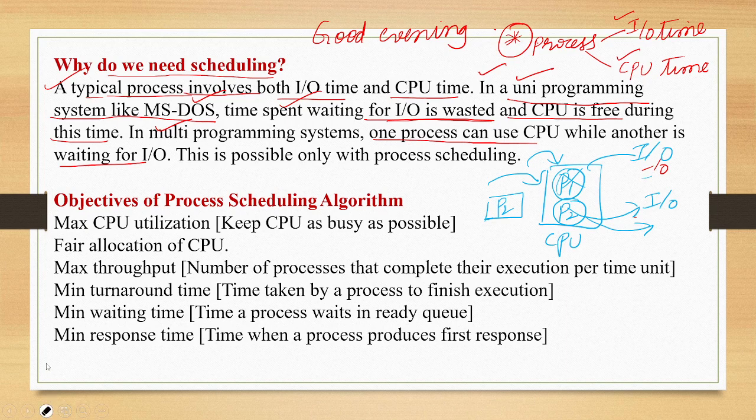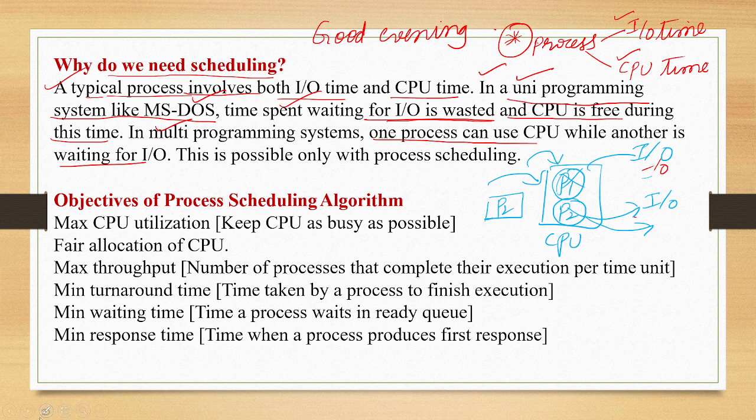I hope you understand the difference between uniprogramming and multiprogramming. In uniprogramming, the CPU is idle when any process goes for IO. But in multiprogramming, the CPU is not idle. In the meantime, we allocate the CPU to another waiting process. But what is the problem here? Here we need CPU scheduling.